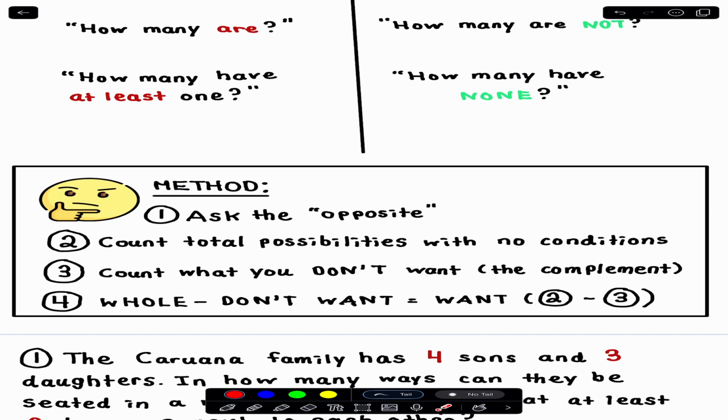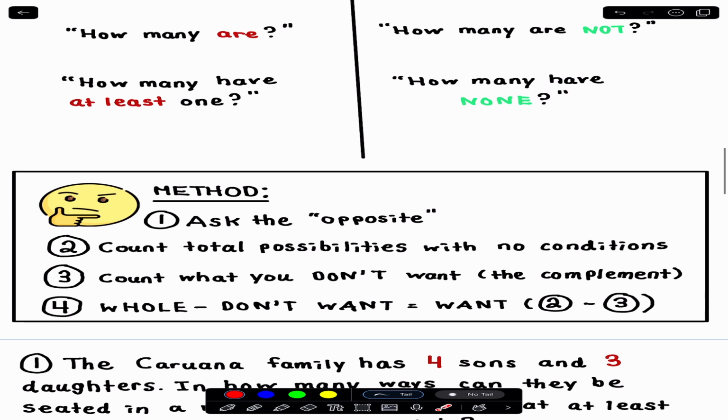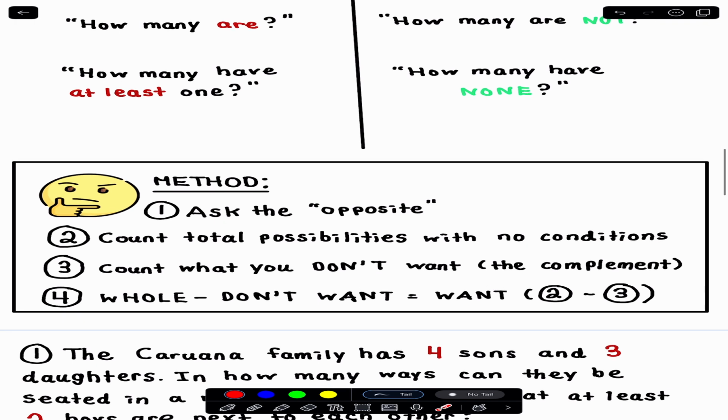You're going to see this in action, so don't worry if this sounds confusing, but a lot of times we forget this very important step, and then we end up counting the wrong thing, so we get the wrong answer.